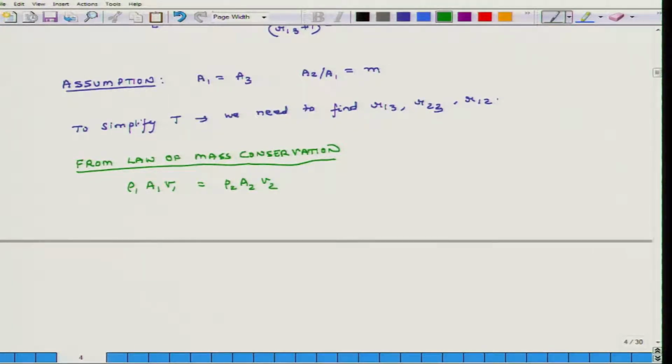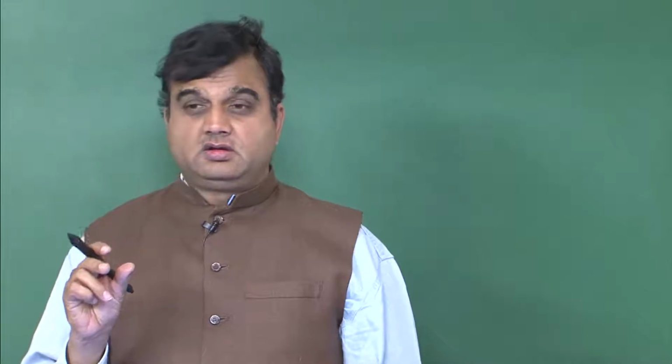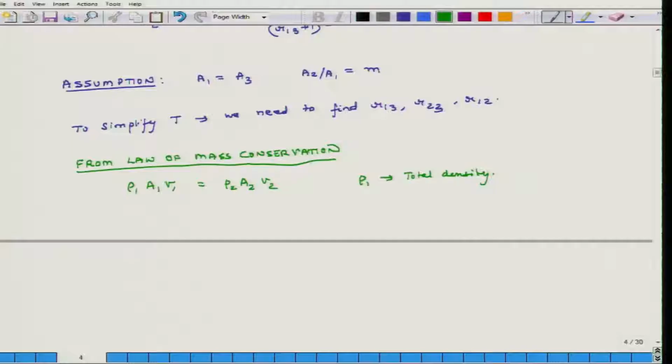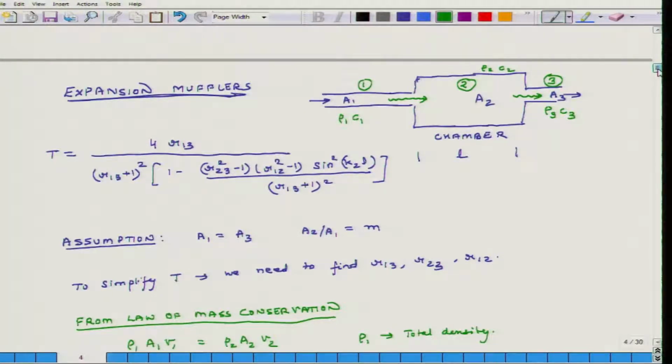Now, please realize that here rho 1 is total density, because typically in acoustical systems we just worry about the change in the density, but here rho represents the total density of the fluid, only then this relation will be correct. Okay. And V is the velocity.